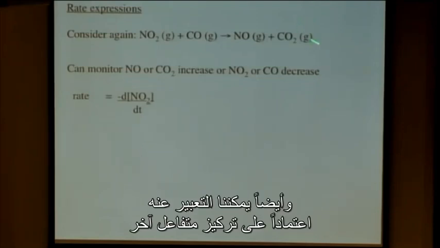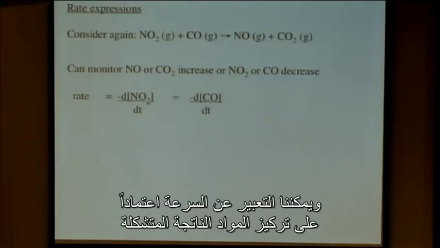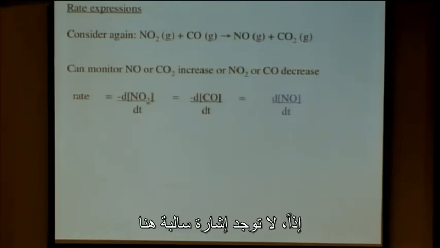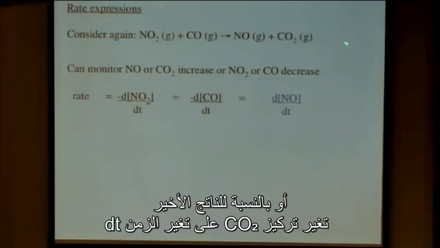We could also express it in terms of the second reactant, so minus d times the change in the concentration of the other reactant over time. Or we can express this in terms of the products being formed. So here there's no negative sign. So we have d concentration of NO over dt, or our last product, d times the concentration of CO2 over dt.